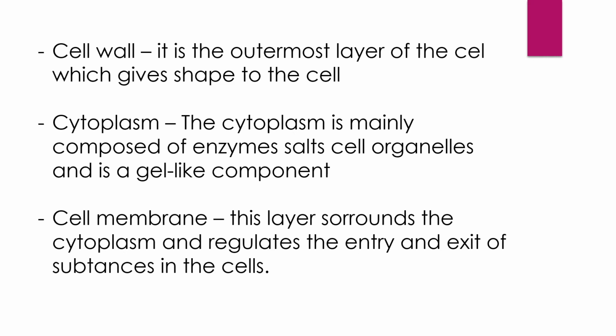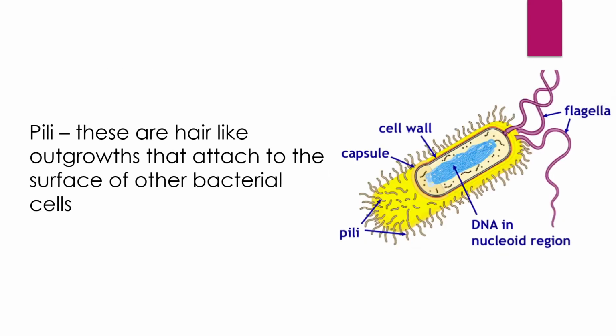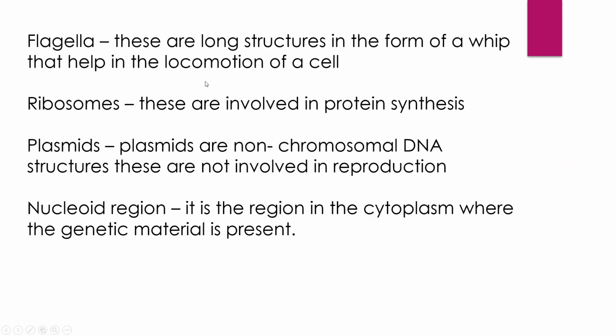Cell membrane. This layer surrounds the cytoplasm and regulates the entry and exit of substances in the cell. Pili. These are hair-like outgrowths that attach to the surface of other bacterial cells. Flagella.